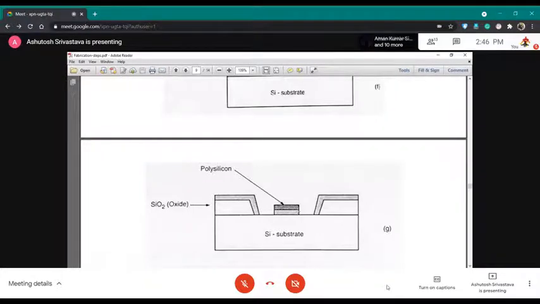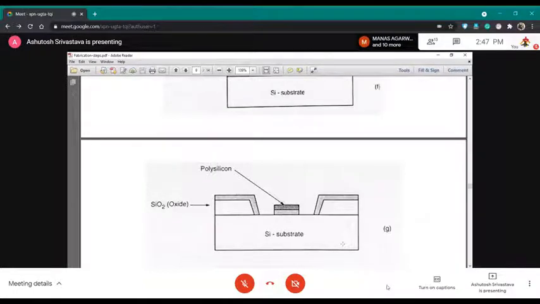So deposit, exposing, and etching. Deposit, exposing, and etching. So this is how you get the desired structure. You have polysilicon, and you have a thin oxide, and you have thicker oxide at the edges.